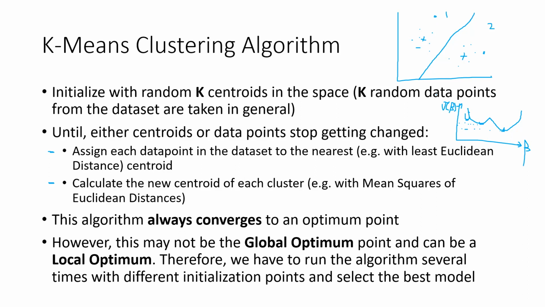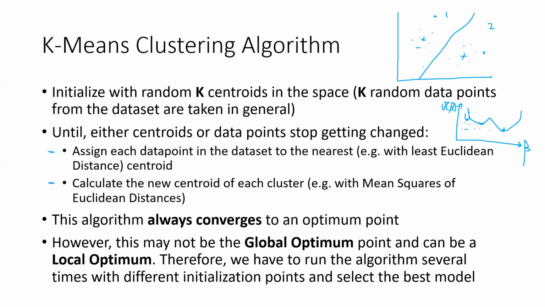But the optimum centroids will be different if we change the initial centroids. Suppose we have defined centroids in a certain way, you will define the clusters in a certain way, and if you define the centroids in another way, you will have clusters in a different way.